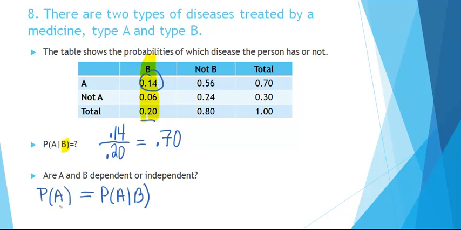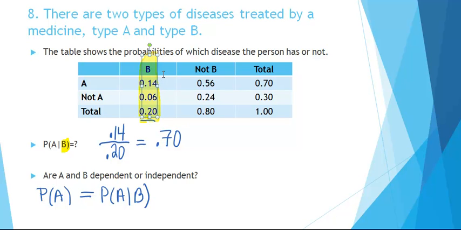So here we look for the probability of A, and for that we're looking not just at this little area, but at the entire chart.